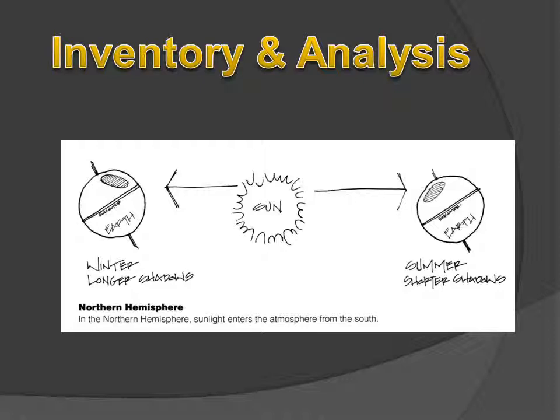All right, I'm talking about the northern hemisphere. In the northern hemisphere, sunlight enters the atmosphere from the south. And y'all know this from, was it 6th grade geography? I can't remember. Another test question here, guys. In the winter, we have longer shadows.